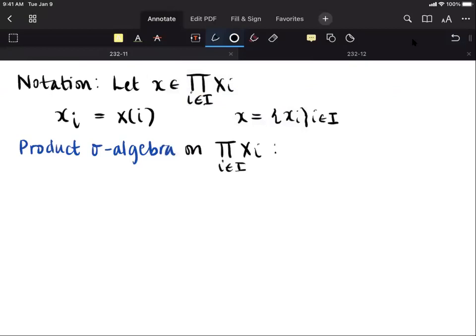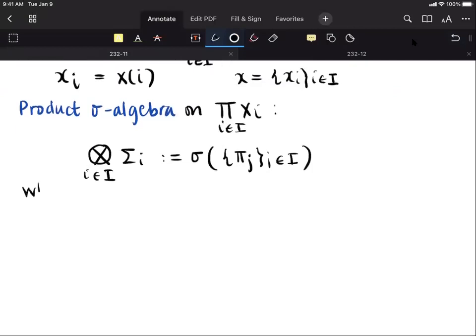So here we denote the product sigma algebra as follows, with the circle product or circled times. This is defined to be the initial sigma algebra generated by the projection maps.